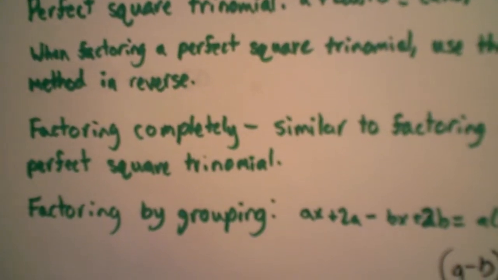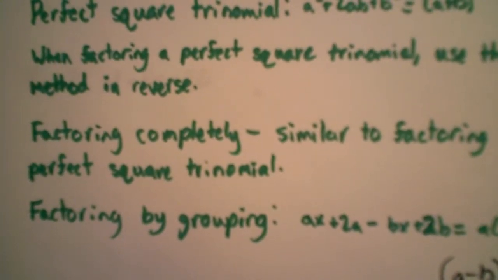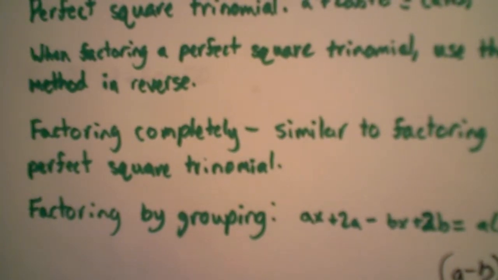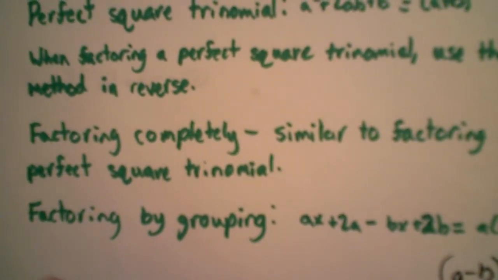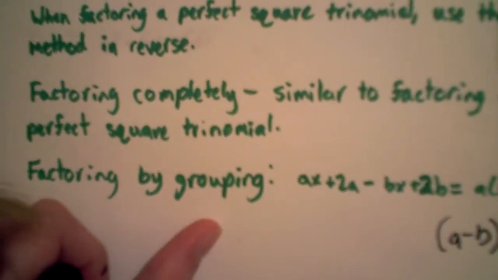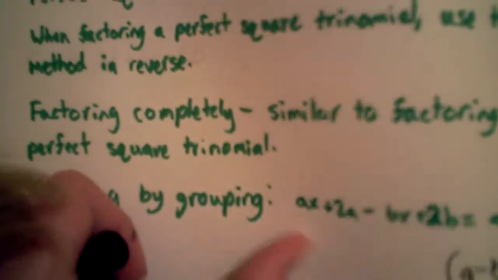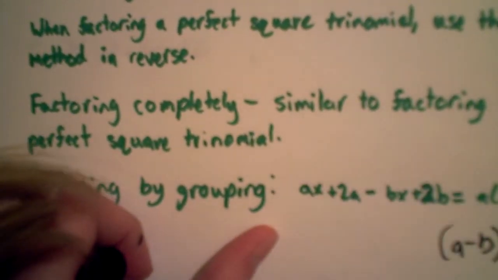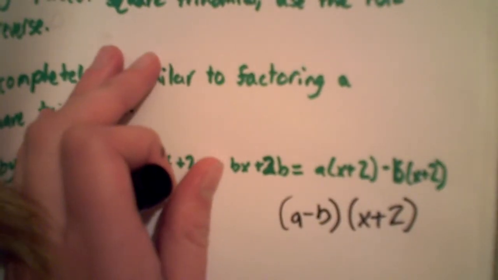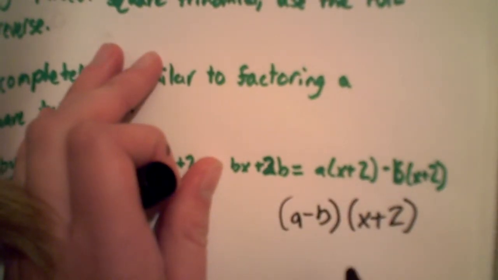Factoring completely is essentially the same as factoring a perfect square trinomial. It's just going to have one more number you can take out of it, so it's a little more complex. Factoring by grouping, you're going to have something like ax plus 2a minus bx plus 2b equals a times (x plus 2) minus b times (x plus 2).